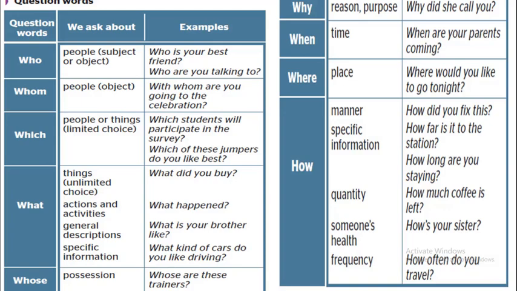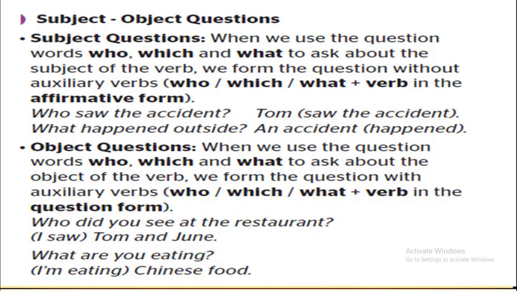In this same grammar reference, we want to learn about the subject and object questions. So, we talk about subject questions when we use the question words who, which, or what to ask about the subject of the verb.